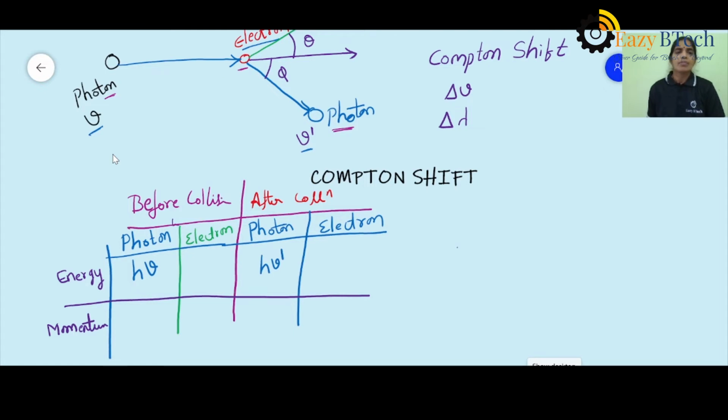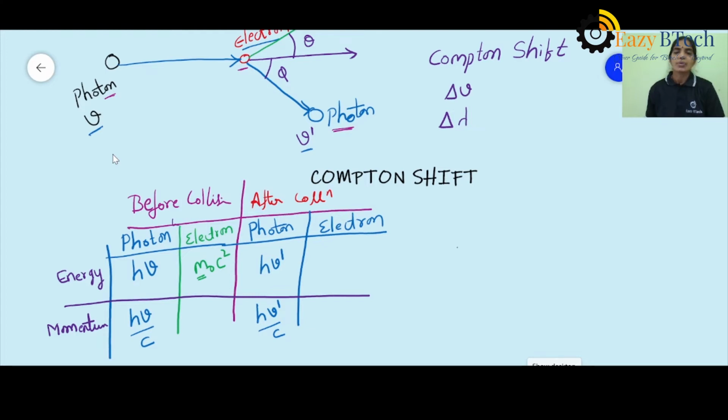Next, for the photon, since my energy is h mu, I can write my momentum as h mu by c. Similarly, after collision, I can write my momentum as h mu prime by c. Now we will go for the electron. The electron is having an energy of m naught c square, where m naught is called the rest mass.